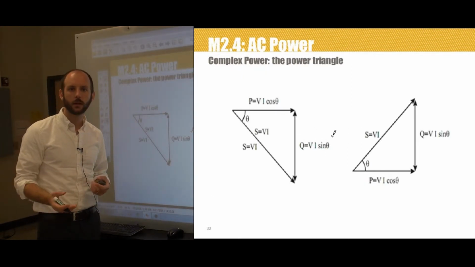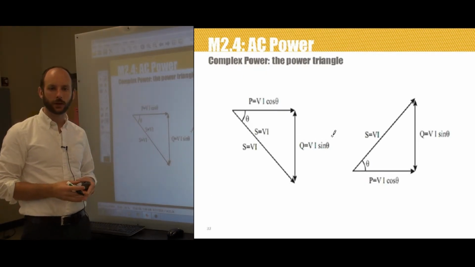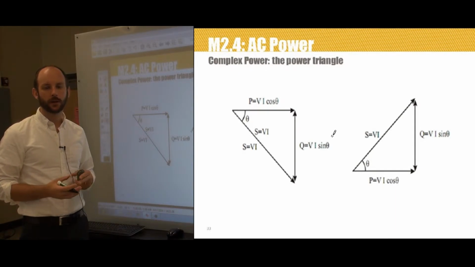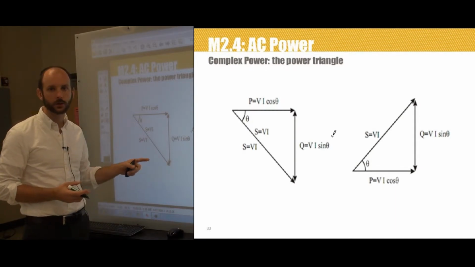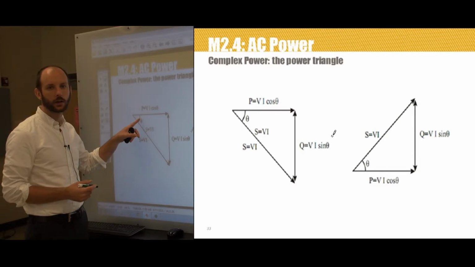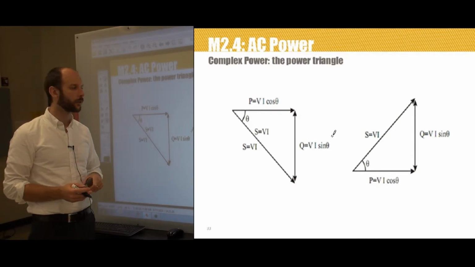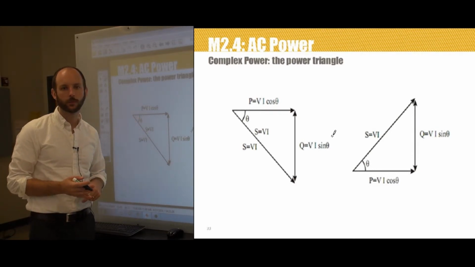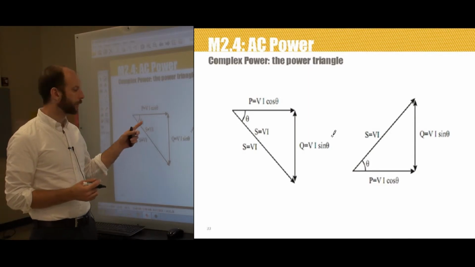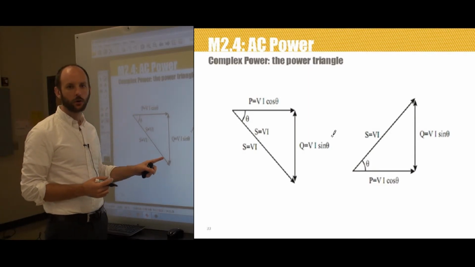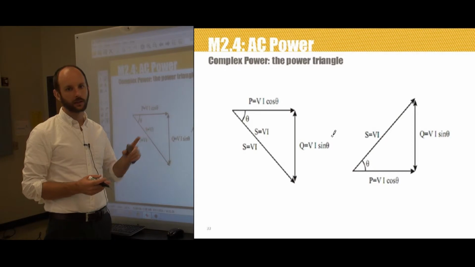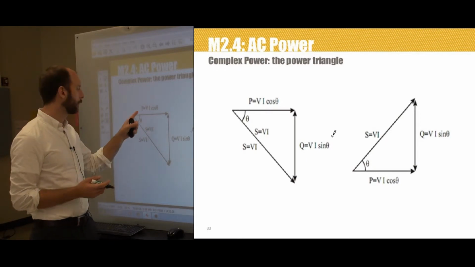We can represent power as a vector in the complex plane, right? It's got a vector of magnitude S, like we showed there, that makes an angle of theta with the real axis. It's going to result in one of two diagrams. In these diagrams, the projection of S onto the real axis has a length of P and corresponds to real power.